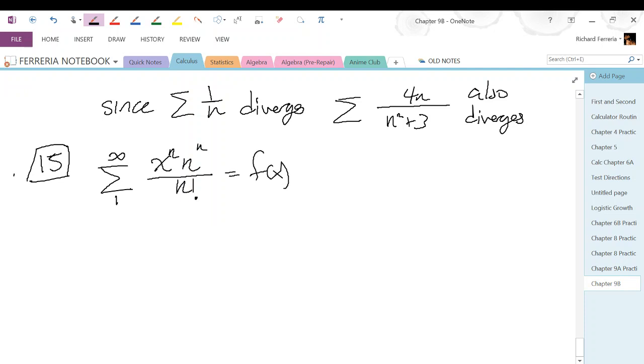So the first thing we're supposed to do is find the radius of convergence. Given the fact that we have a bunch of different kinds of function pieces, we're going to use a ratio test. So let's use a ratio test.